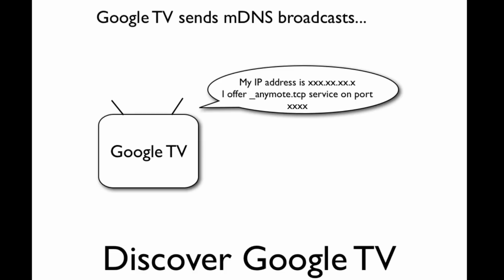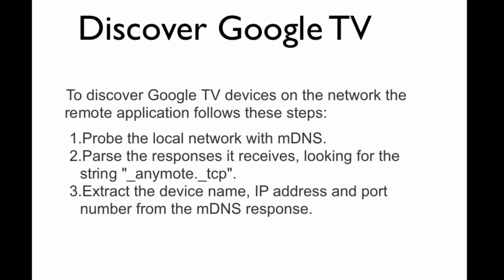So, to discover Google TV devices on the local network, the remote application follows these steps. Step 1 is to probe the local network with MDNS, then parse the responses it receives looking for the string _anymote._TCP, and extract the device name, IP address, and port number from the MDNS response.